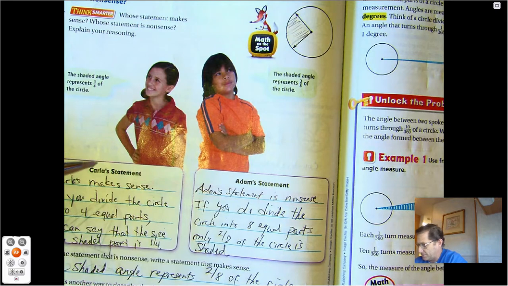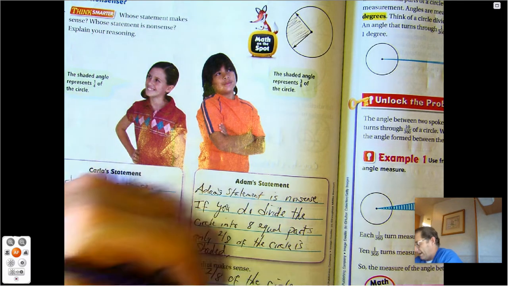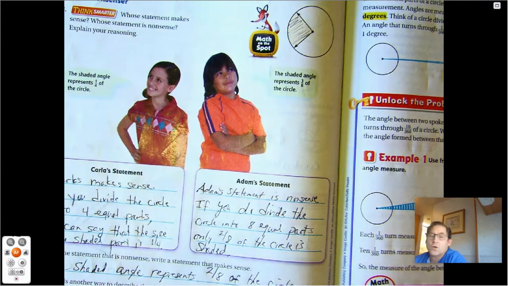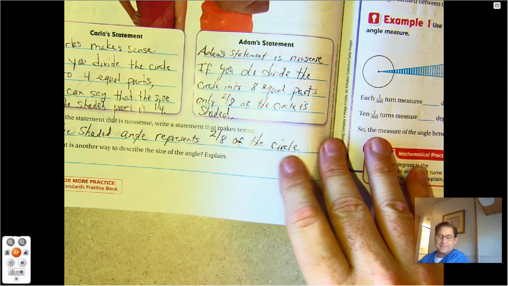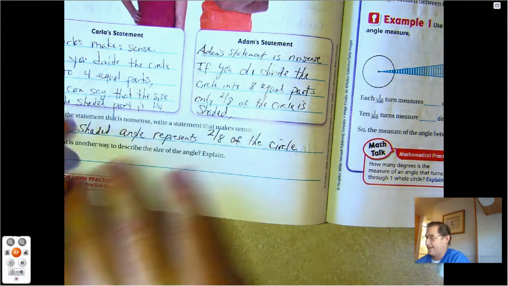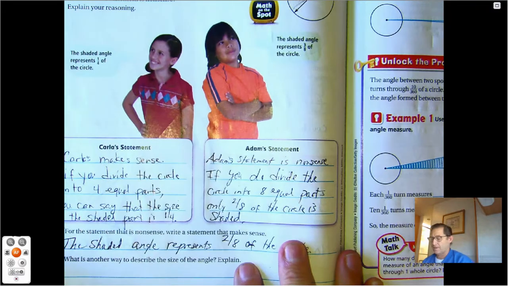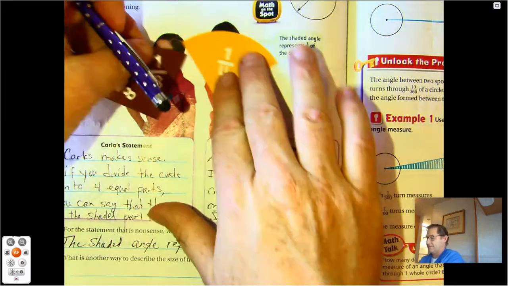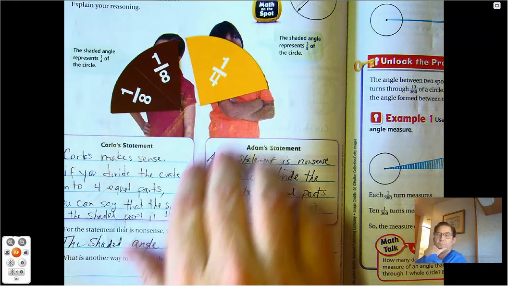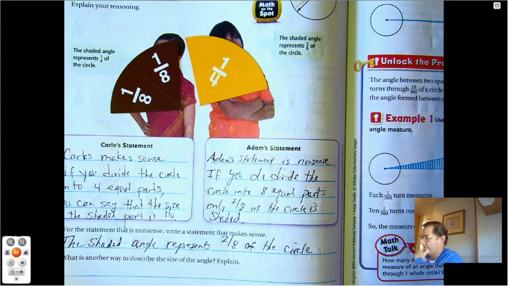What is another way to describe the size of the angle? All right. So instead of 2/8, what could we say? Again, how many 12ths would equal a fourth? 3, right?